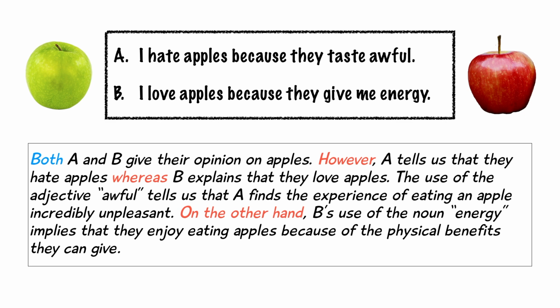So then we end up with, both A and B give their opinion on apples. However, A tells us that they hate apples, whereas B explains that they love apples. The use of the adjective awful tells us that A finds the experience of eating an apple incredibly unpleasant. On the other hand, B's use of the noun energy implies that they enjoy eating apples because of the physical benefits they can give.